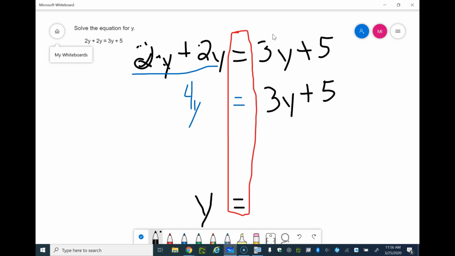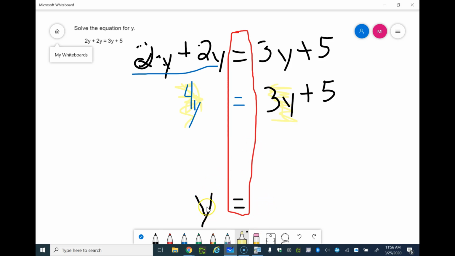Now, if you notice, this 4y and this 3y both have y's. So this is where I want to combine, get ourselves together. Remember, it does not matter if the y is on this side of the equal sign or that side.